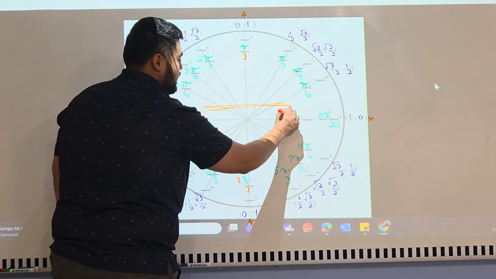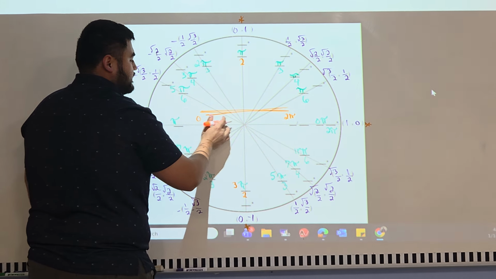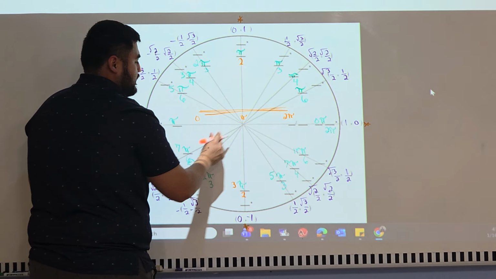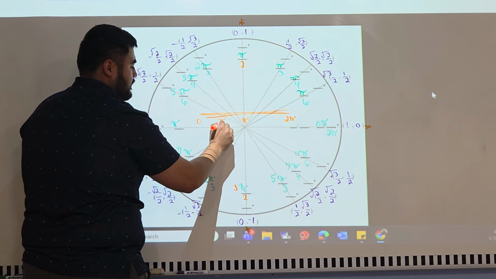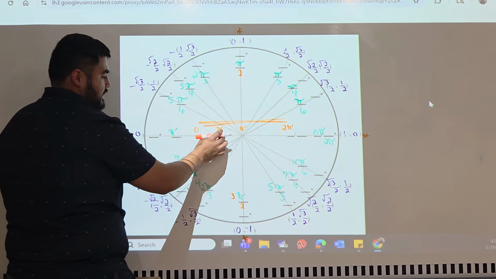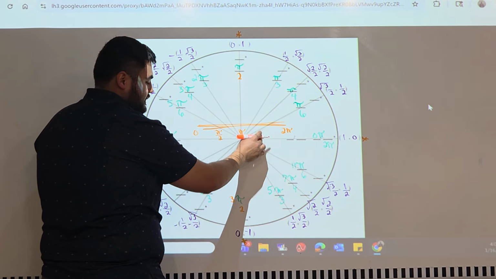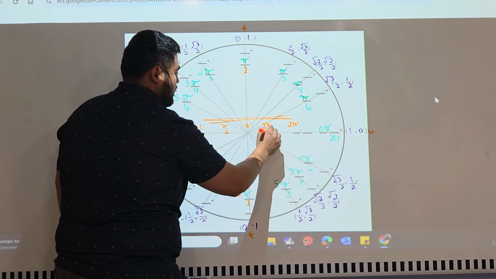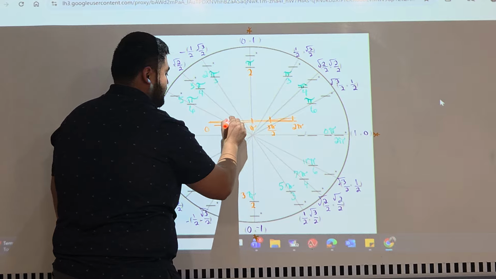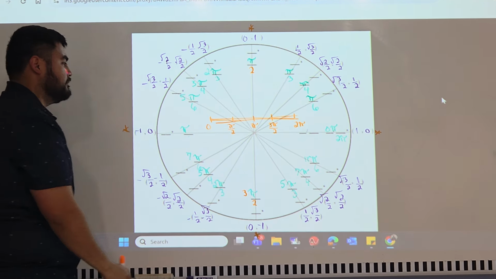Then you end up at 2 pi. What's half of 2 pi? What's pi? What's half of pi? What's this one? Pi over 2. And if you add pi over 2 plus pi over 2 plus pi over 2, you end up again at 3 pi over 2. So boom, boom, boom, boom, and boom.